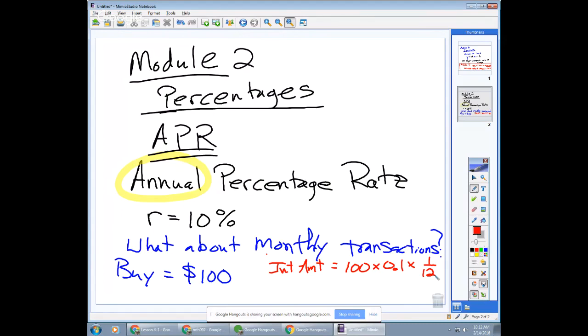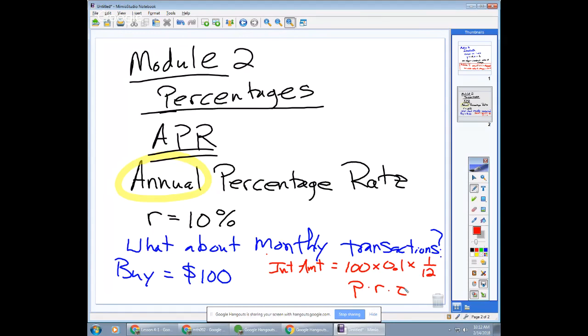That's my abbreviation for interest amount, INT. I ran out of room, I had to squeeze it in there. This is what we call taking P, the principal or balance, times the rate, times the time. So the interest amount is your balance times your rate times the time that's gone by.